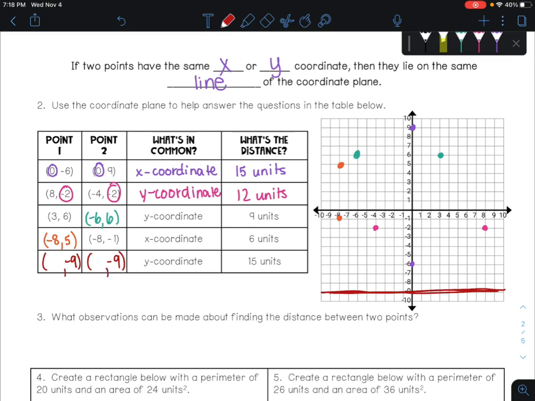Okay, so how about 10? If I choose 10, and I need to be 15 units away, this is going to be 10 units, so I just need 5 more. 1, 2, 3, 4, 5. So that's 5 units away, making a total of 15. And just remember, it's -5. All right, so there we have it.